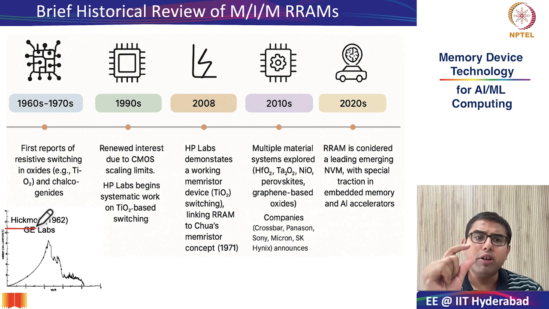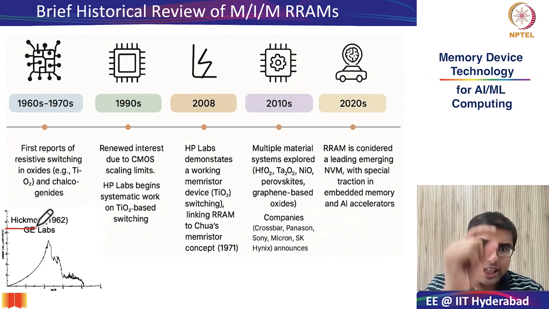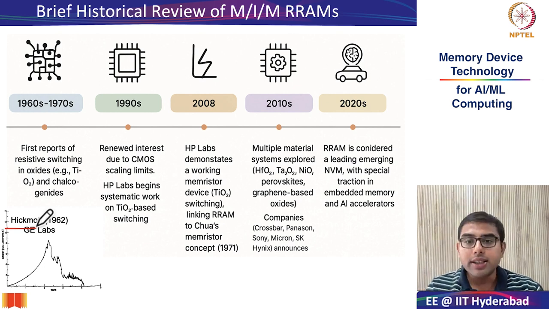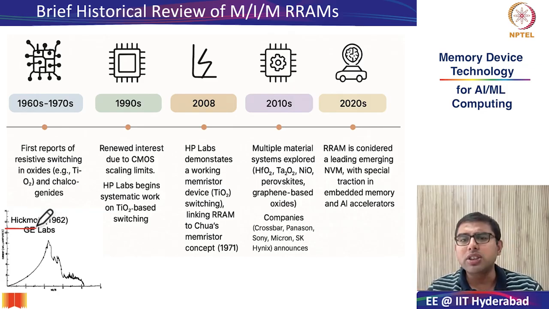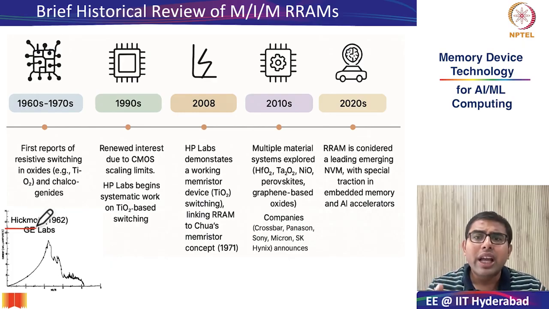And he was able to observe very nice switching because he had made these oxide films very, very thin, on the order of 35 nanometers, 40 nanometers, or even 100 nanometers. Those in the current-day context look very large, but in 1962, making these thin films was a novelty.